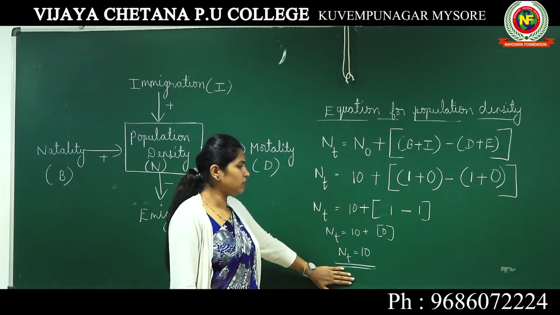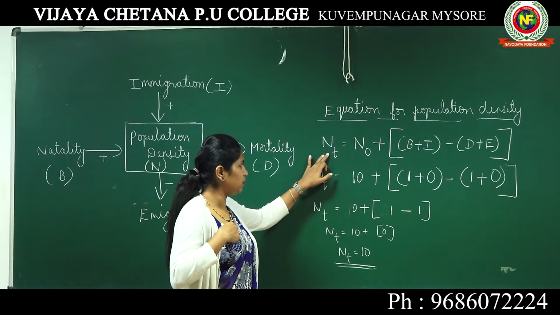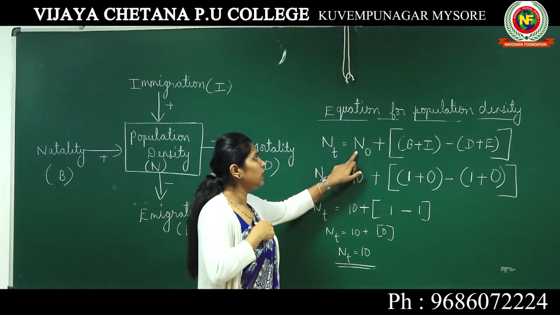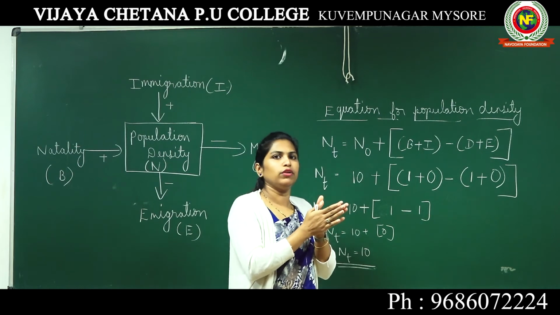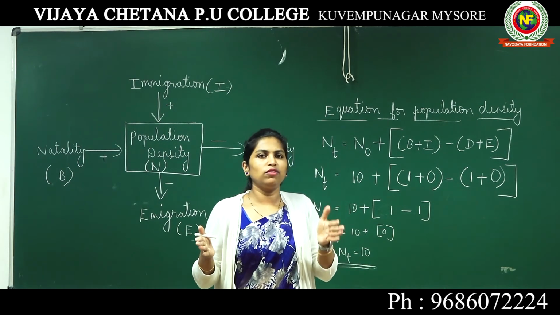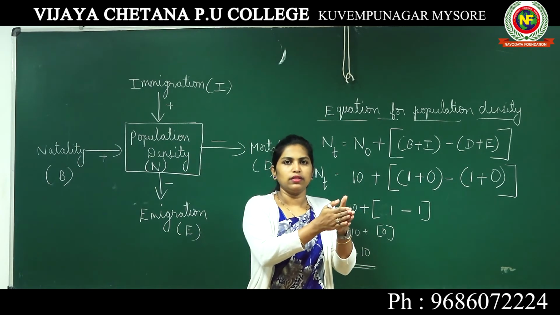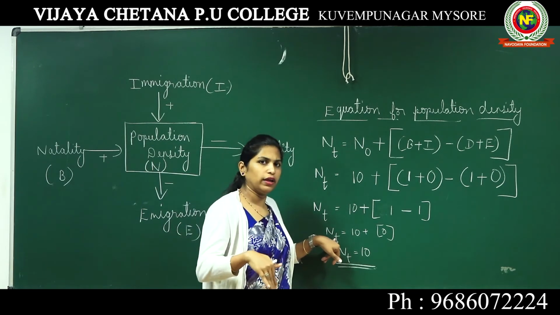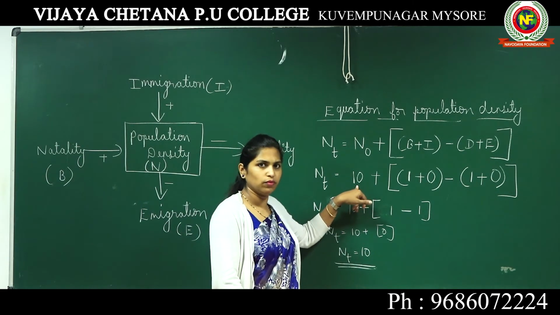I am giving this particular data. NT is population density at time t. N0 means initial population density. That means if we are counting the population density in a span of 1 year, N0 is the number of lions when we started the count. Imagine last year on the same day you had counted the number of lions as 10.